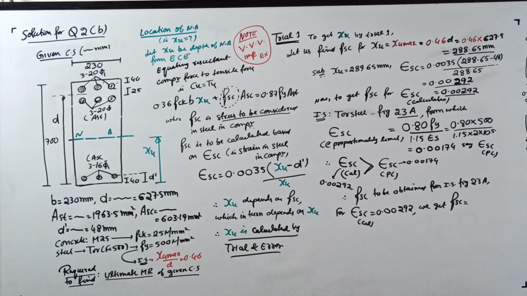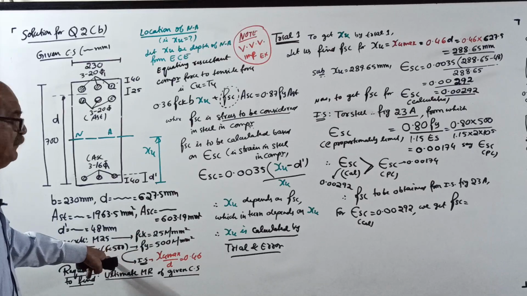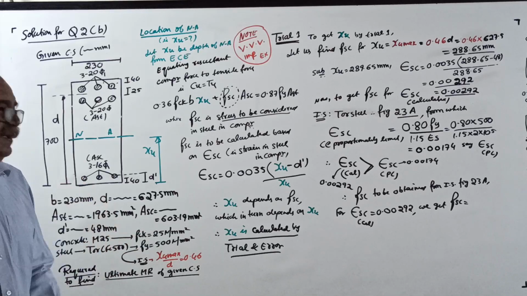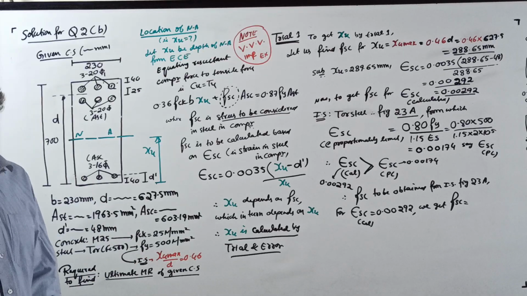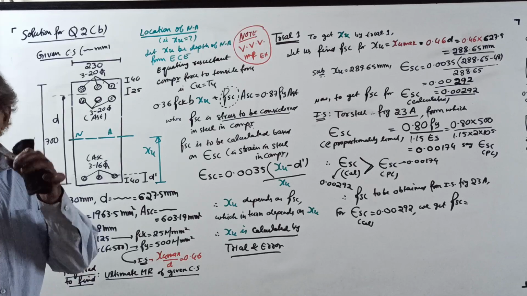On the compression side, 3 bars of 16 mm diameter are provided at a clear cover of 40 millimeter. Taking M25 concrete and Fe 500. Last time it was Fe 415, now Fe 500 steel. Find the ultimate MR for the given cross section and consider the BM to be hogging.